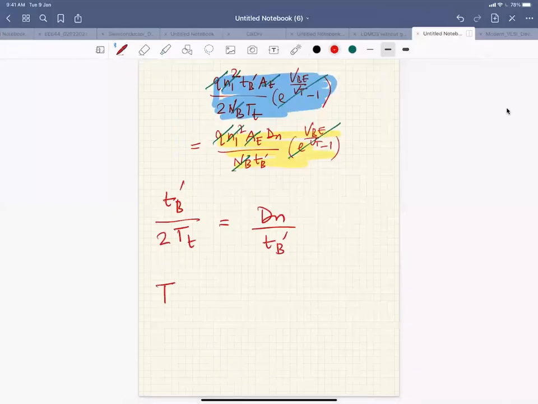So TT from here is equal to TB dash square by 2dn. So this is the equation for the transit time.